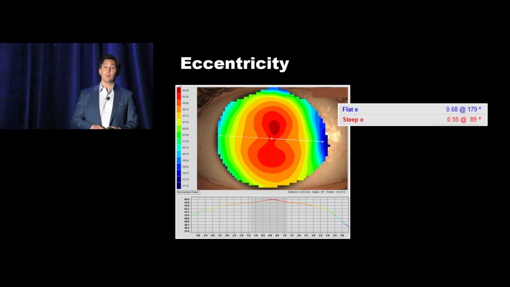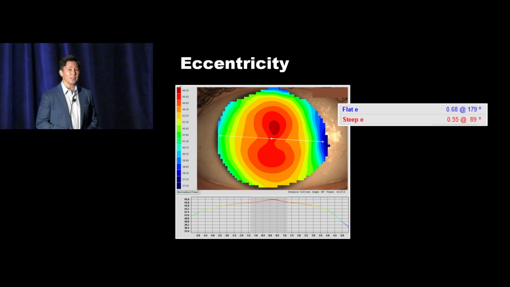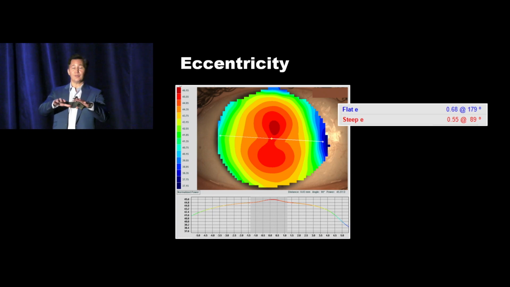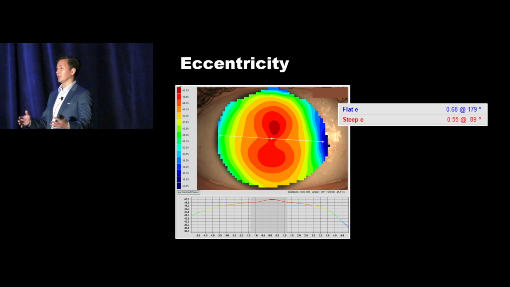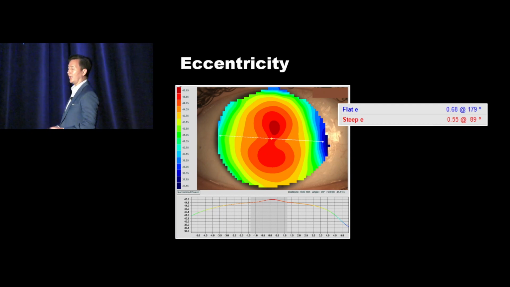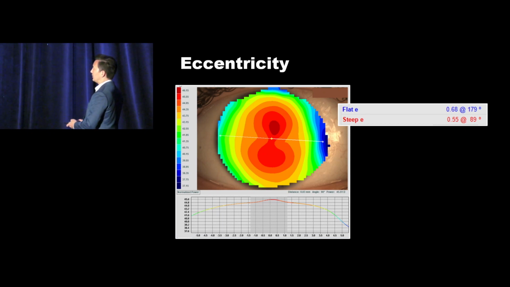If we had a 0.2 eccentricity, meaning the cornea is very spherical in shape from center to periphery. So we're not talking about spherical Ks. We're talking about how much does the eye change from this point to the periphery. What is the rate of corneal flattening?